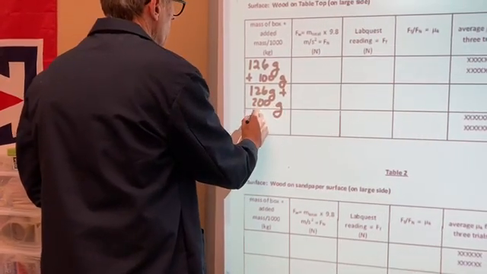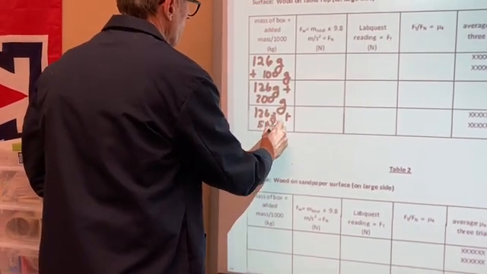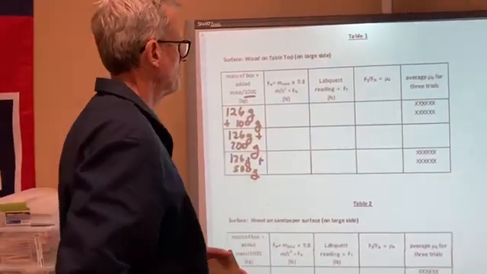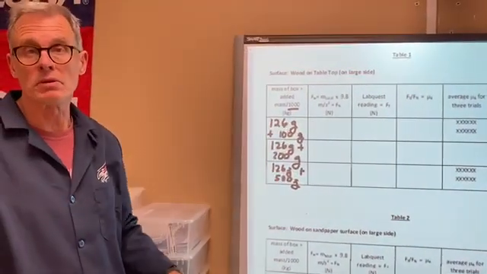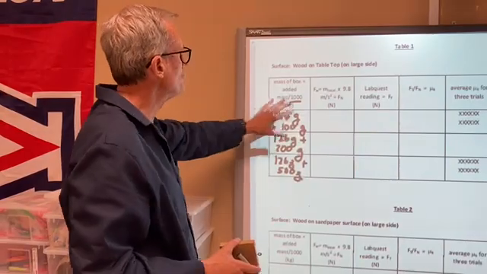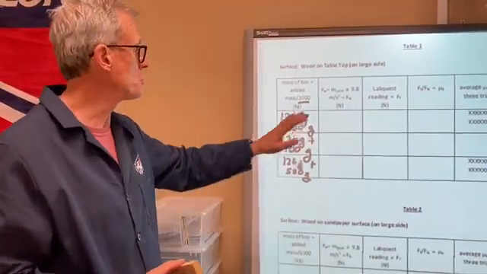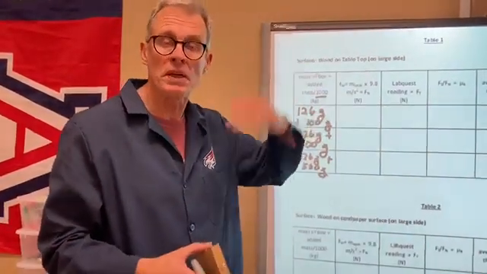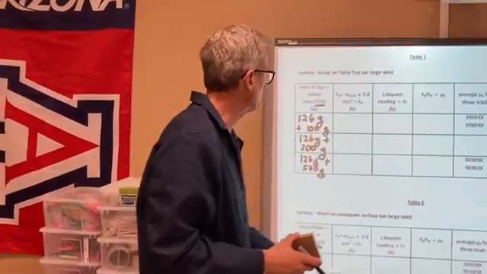And the last one will be 126 gram box plus a 500 gram weight. You're going to need to convert that into kilograms by dividing by 1,000. So that will be the same for all of these tables. I'm not going to go back through that in each case. When you do the other tables, table 2, 3, and 4, you're going to use the same numbers here. So do that once and just repeat the numbers over and over again. I'm going to let you do that.